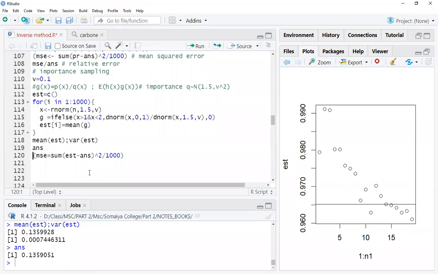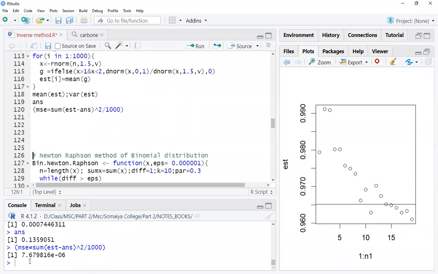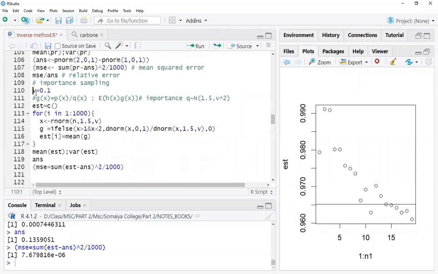That was your answer. Now look at exactly the same, even it is a good estimator as compared to this. Variance is tending to 0, mean square error is almost 0. This is the case when you are considering V equal to 0.1. You can consider the same expression.